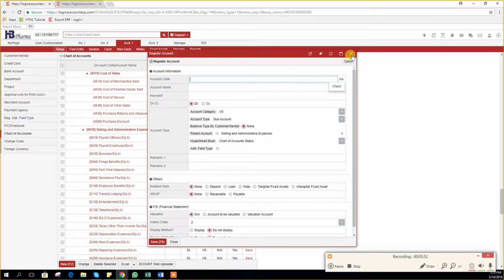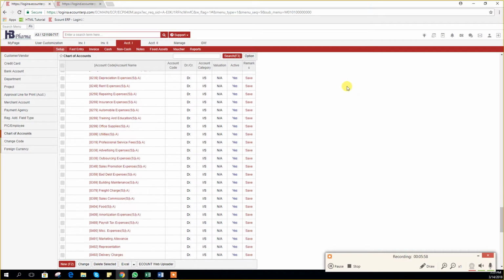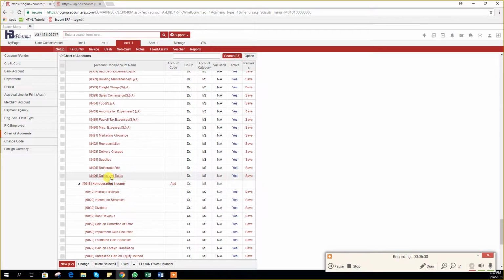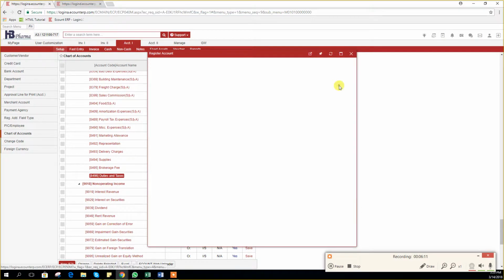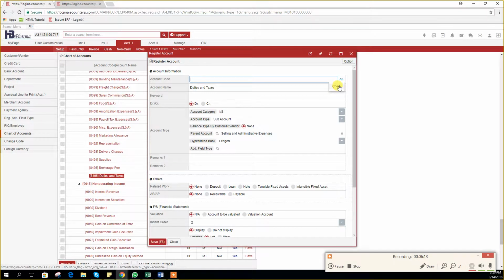You just need to click this little add button here and create an account. But I'm going to do the lazy way, which is like this. I go to wherever this thing is, just click there, and then I go to here, and then I copy, and then it becomes clean. So let's say I want to create a bank charges account.